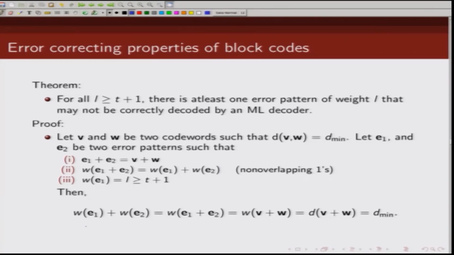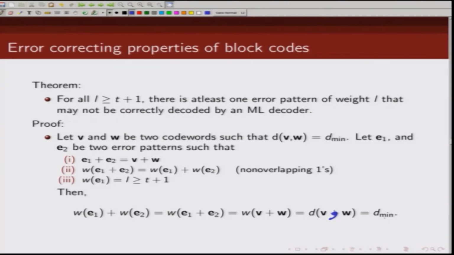So, the way we have chosen our error pattern, weight of E1 plus weight of E2 is given by weight of E1 plus E2, this is from 2, and from 1 we know E1 plus E2 is nothing but v plus w. So, this is the same as weight of v plus w, and this is nothing but the Hamming distance between v and w, and we have said the Hamming distance between v and w is the minimum distance.